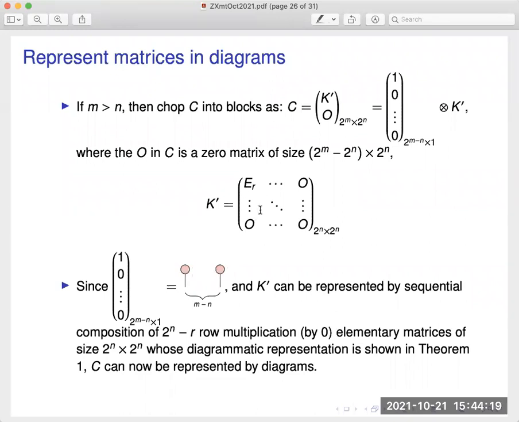And this K prime can be represented the same way as K. That means you multiply by 0 several times, depending on how many zeros there are. So that's the general way you represent this standard form C.